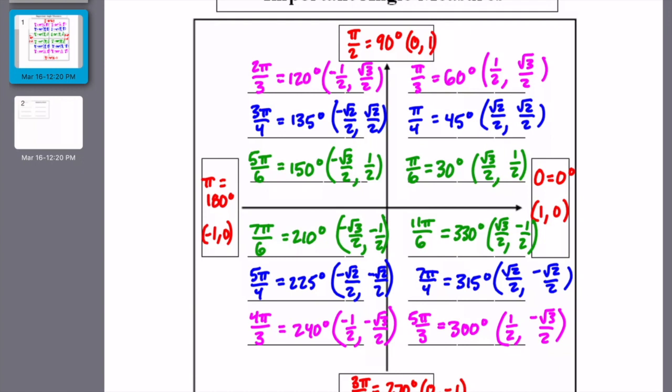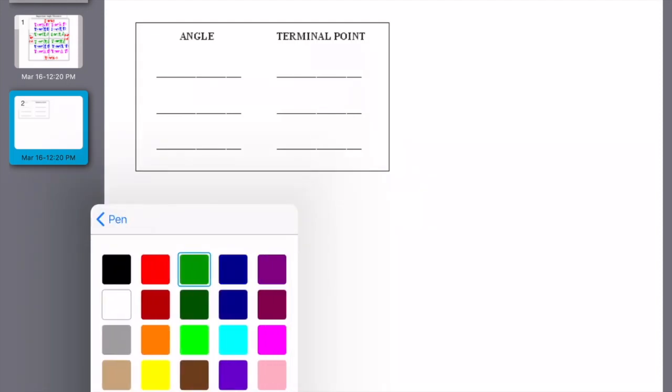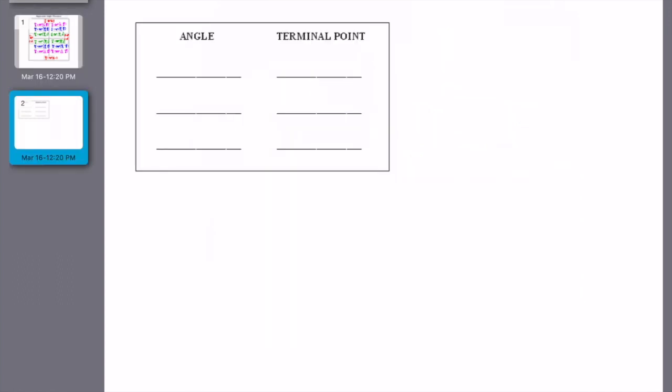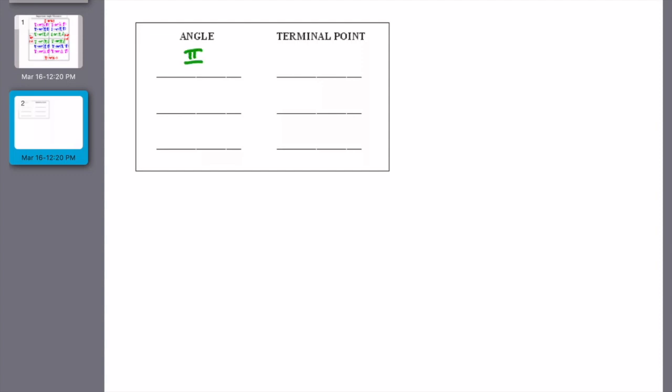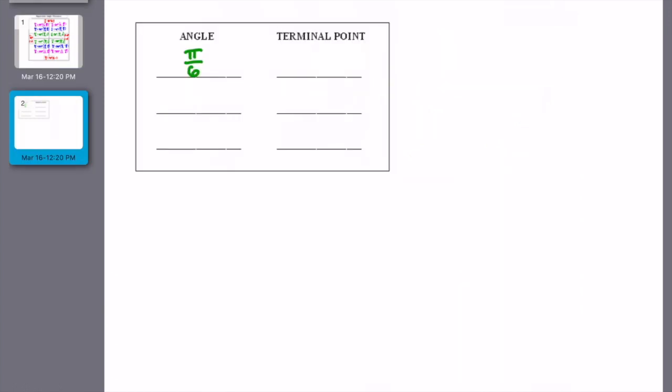This next text box reminds us that if you have any angle that is a multiple of pi over 6, so pi over 6, 5 pi over 6, 7 pi over 6, 11 pi over 6, the terminal point has an x value of root 3 over 2 and a y value of 1/2. The signs could change, it just depends on what quadrant you end up being in.